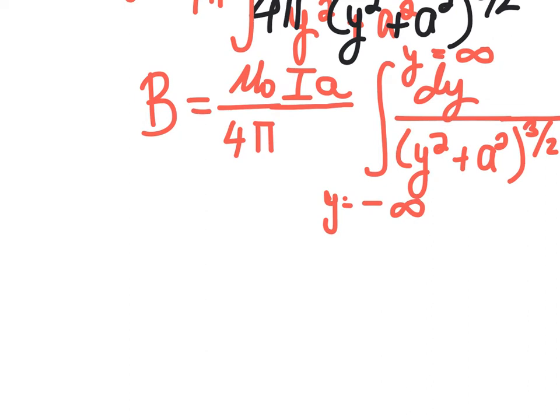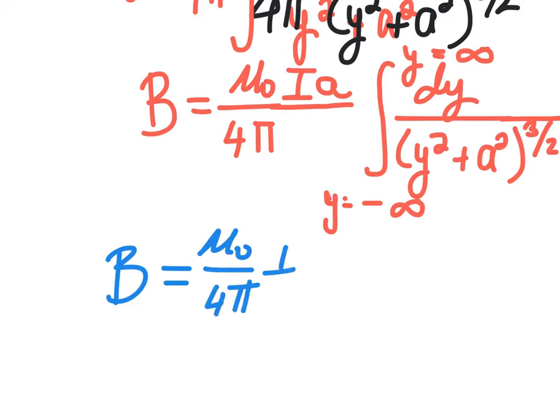The solution's actually going to be kind of simplistic looking. If you want to, you can go onto an integral calculator online, and they show all the steps, and it's very helpful. So we have this mu naught over 4 pi, the I and the a, and the solution to this is 2 over a squared.